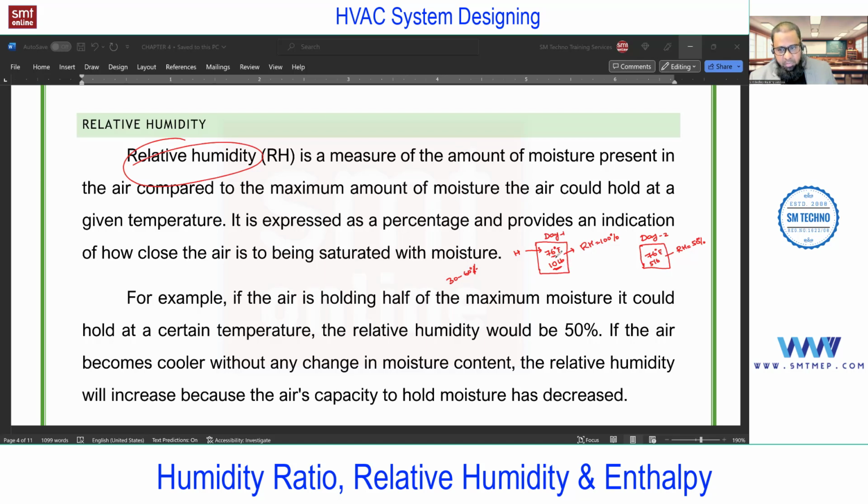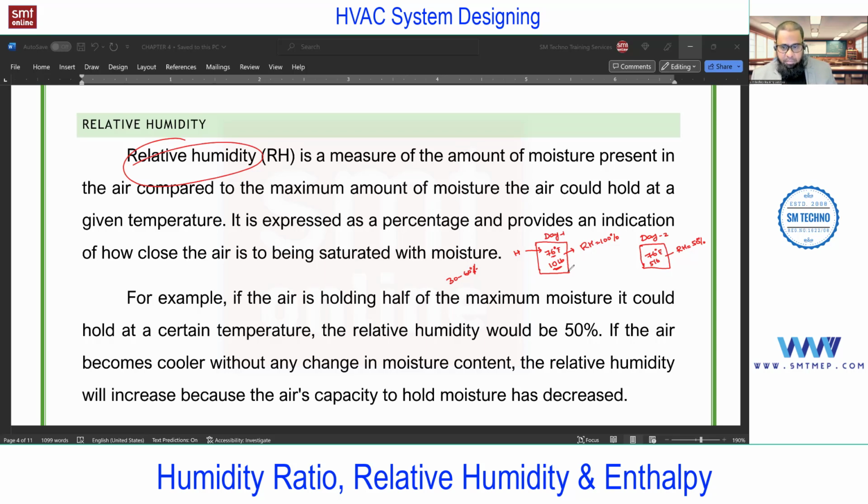But if you measure for 1 pound, then you can say humidity ratio or specific humidity. So both are interrelated. It's not different. But relative humidity means we are comparing with the saturated condition at the same temperature. This is an important point. You do not compare with a different temperature, because a different temperature means the holding capacity of moisture will vary. At the same temperature, if you compare the moisture level, that comparison is nothing but relative humidity.